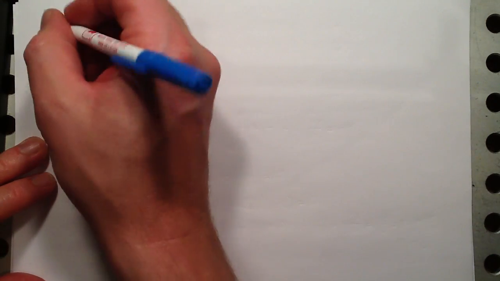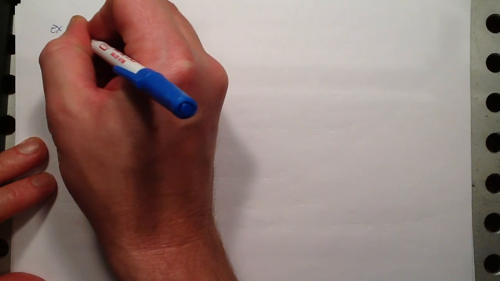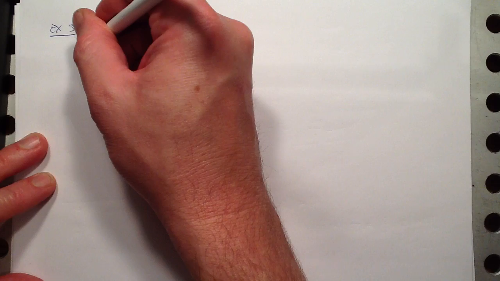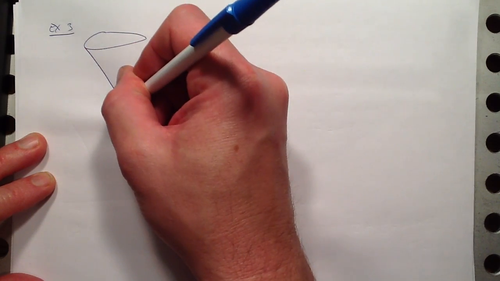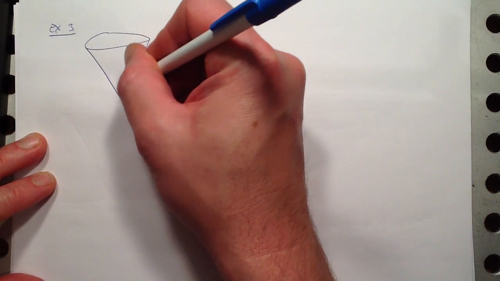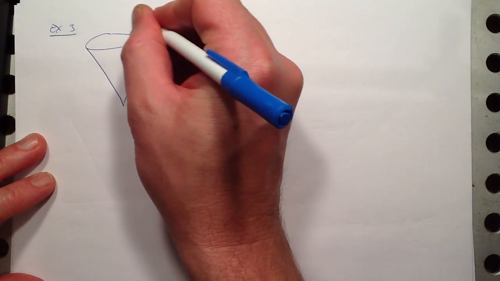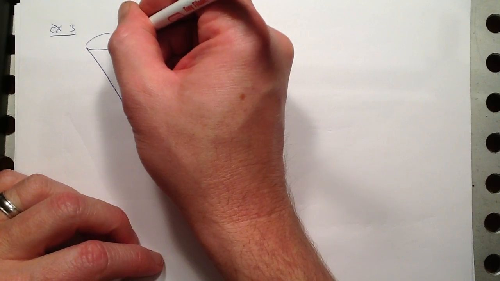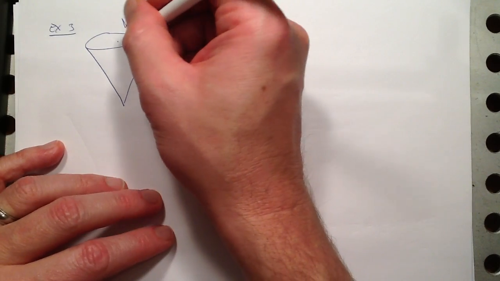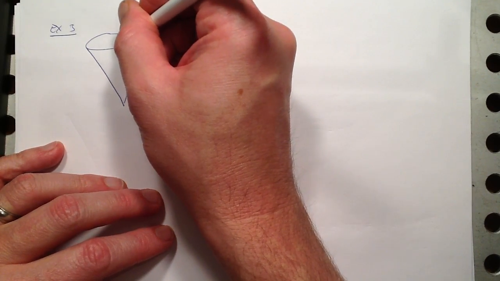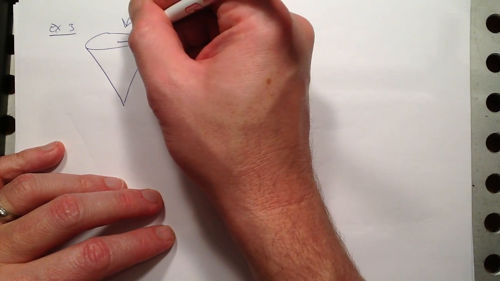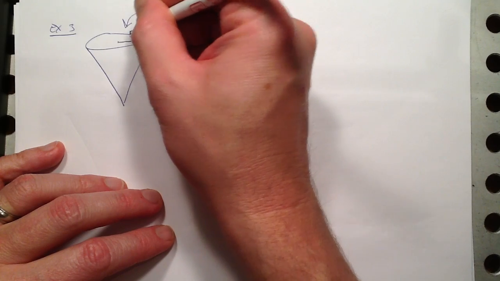Say we've got a cone that's being filled with water. And the radius of the cone is 5 centimeters.